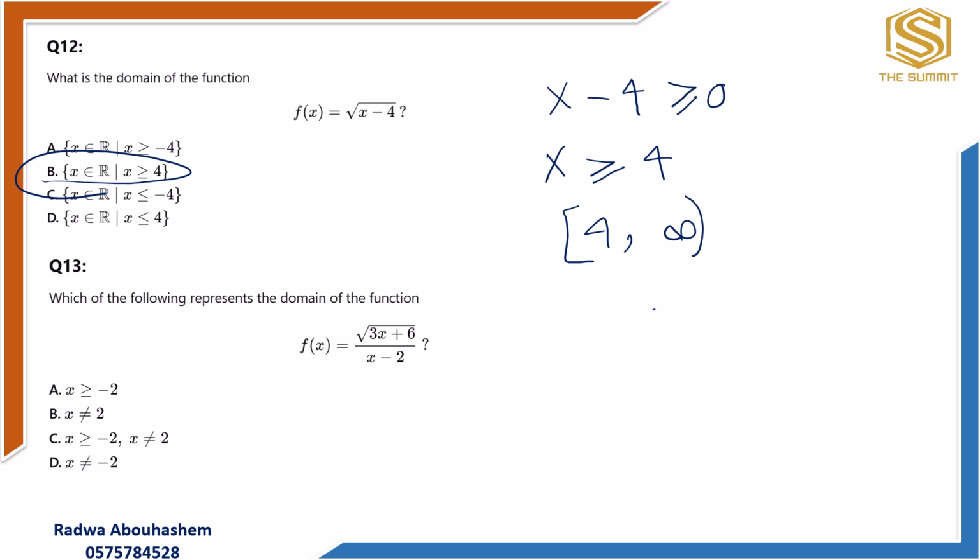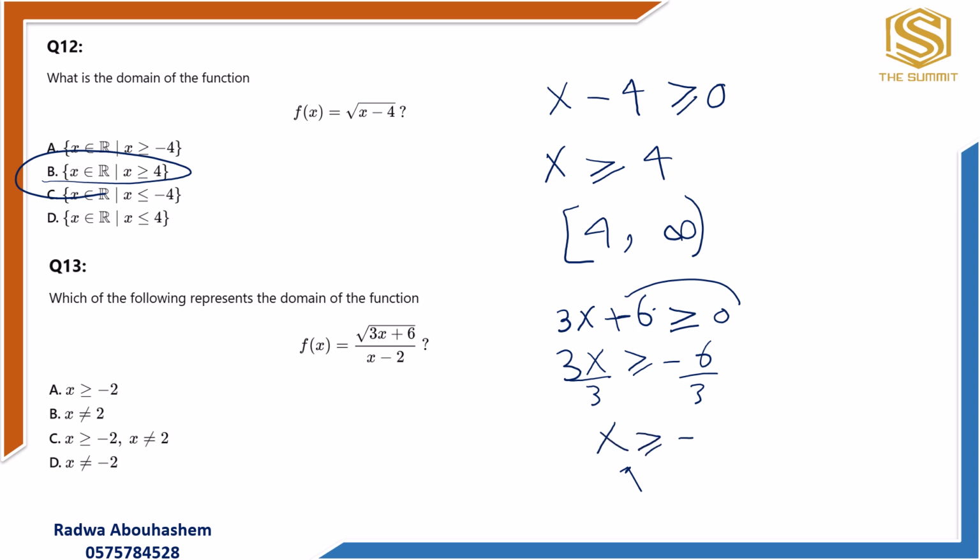Okay, question 13. Which of the following represents the domain of the function? Here we have a square root function and also a rational function, so we have to pay attention to both restrictions. Whatever is under the root should be greater than or equal to 0, right? So 3x is greater than or equal to negative 6, divided by 3, so x is greater than or equal to negative 2. Good. What else?